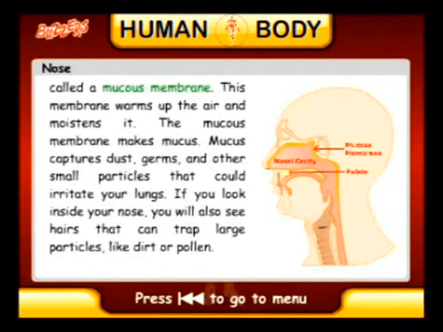This membrane warms up the air and moistens it. The mucous membrane makes mucus. Mucus captures dust, germs, and other small particles that could irritate your lungs. If you look inside your nose, you will also see hair that can trap large particles like dirt or pollen.